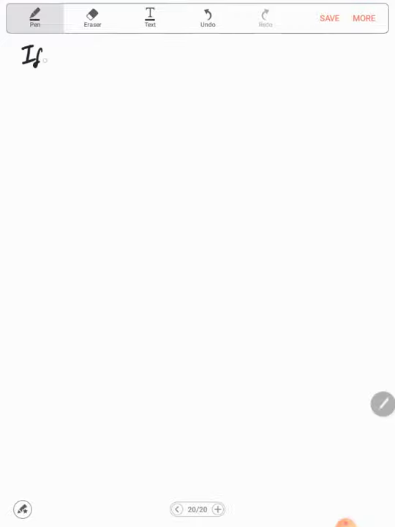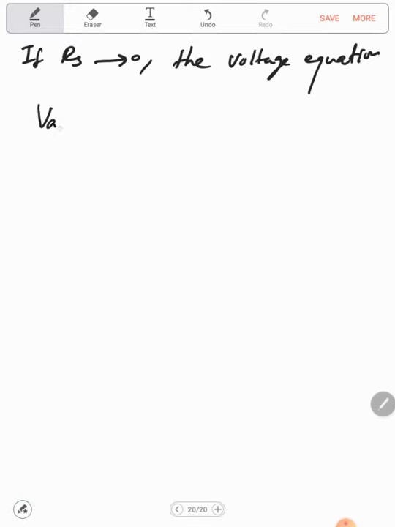So if RS go to 0, then the voltage equation now will read as VAS equal to EA as a phasor plus JXS IAS as a phasor.